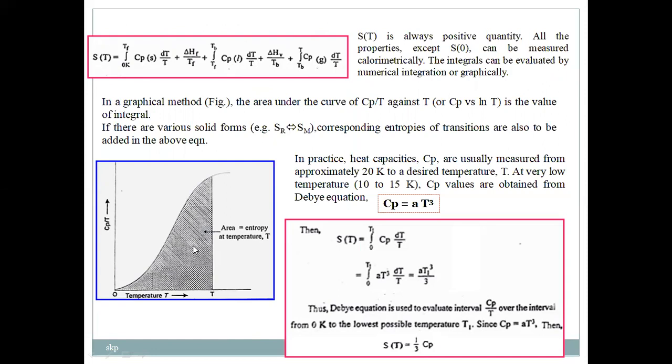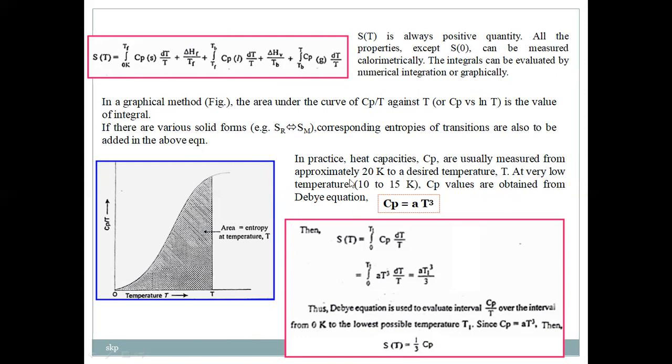This total area indicates the entropy at temperature T. If there are various solid forms like Sr to Sm, that is rhombohedral to monoclinic, which are allotropes of a substance like sulfur, where R indicates the rhombohedral structure and M indicates the monoclinic structure, the corresponding entropies of transition are also to be added in the above equations.